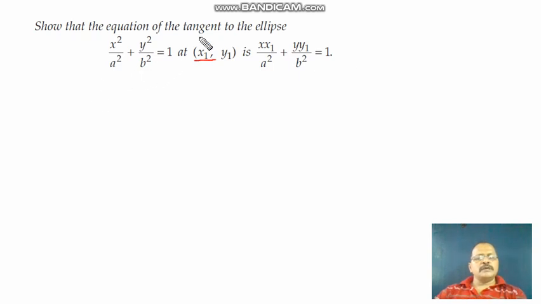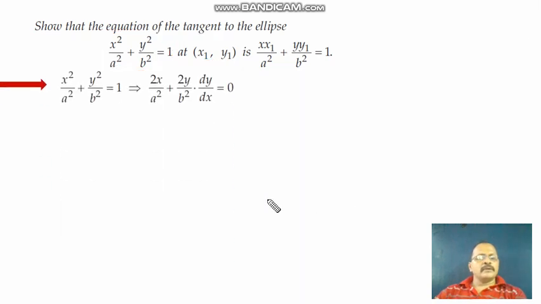The procedure is similar. Since we want equation of tangent from the given equation of ellipse, find out dy by dx, then find out dy by dx at this point, and then use the tangent line equation y minus y1 is equal to slope into x minus x1.